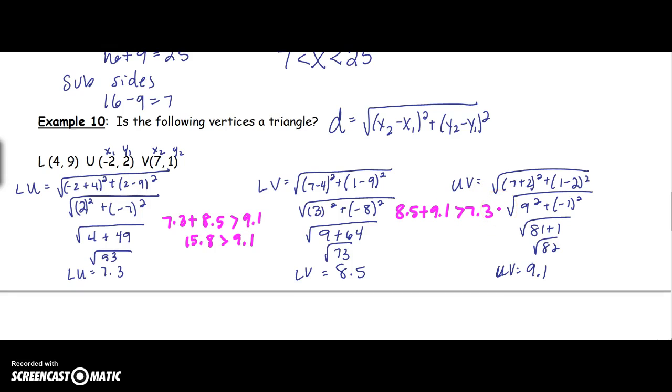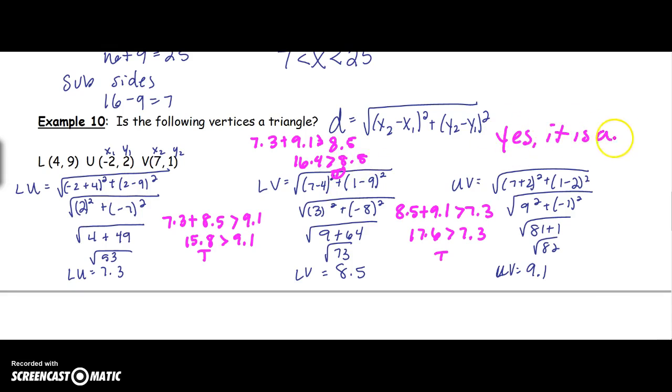Here we have 8.5 plus 9.1, which is 17.6, and that's greater than 7.3. So that's a true statement as well. The next one we are going to try is 7.3 plus 9.1, and that has to be greater than 8.5. Again, 7.3 plus 9.1 gives you 16.4, and that is greater than 8.5. So this is a triangle.